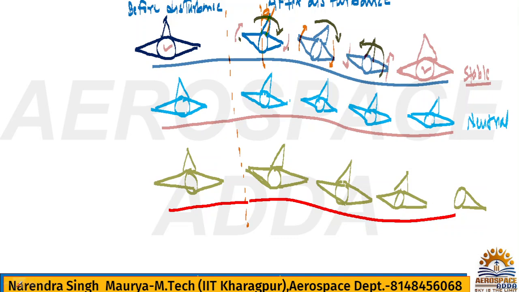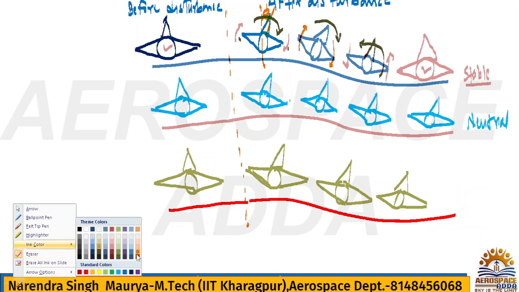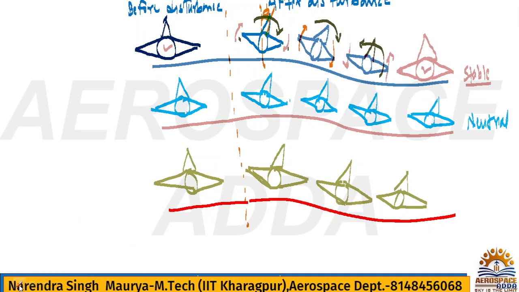I have to show more and more, because this is going continuously away from the actual position. So I will take another color. It is continuously going away and away from its original condition, so I must draw it like this.